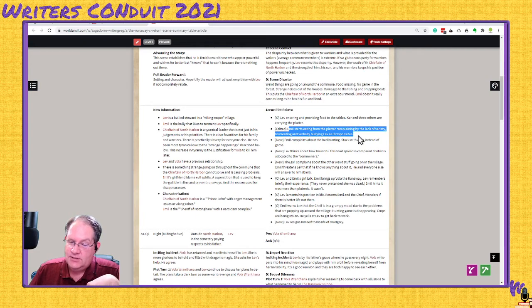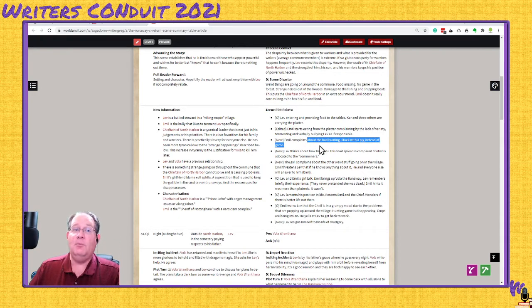Emil starts eating from the platter, complaining about the lack of variety, tormenting and verbally abusing Lev as if he's responsible. Then I write a couple paragraphs about that. Then I go to the next one, I write a couple paragraphs. This allows me to not have to think about what happens next. I just read my sentence and then I write 4 or 5 paragraphs about it.